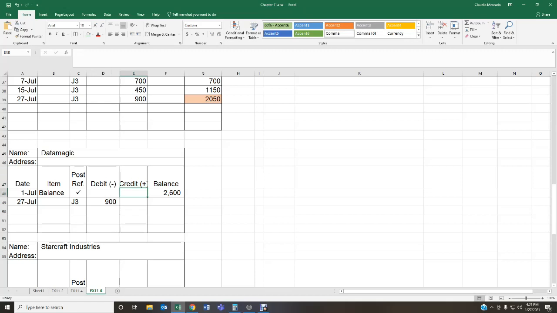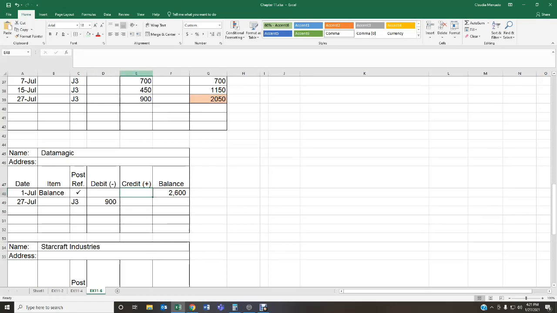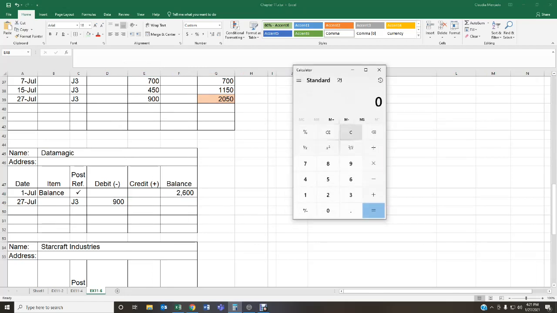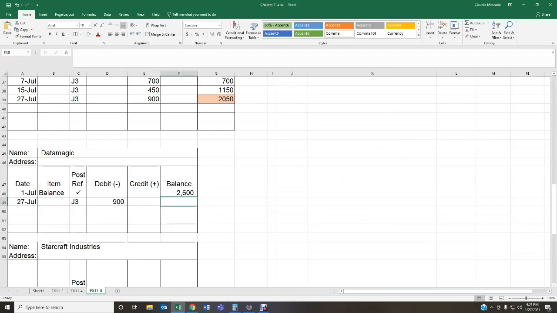Okay, so that's what's going to happen with your accounts payable. Remember, for your accounts payable, the normal balance is a credit. So if you have a debit, we're going to subtract. So I'm going to get the $2,600 minus your $900. That gives me $1,700. That's my balance.